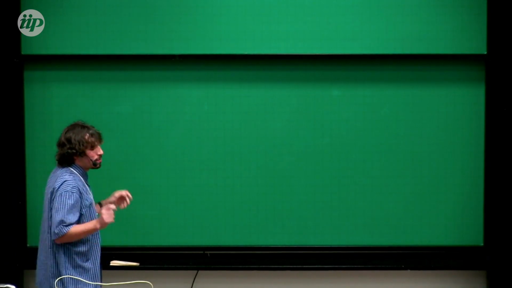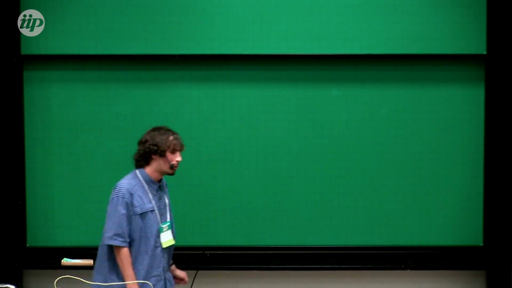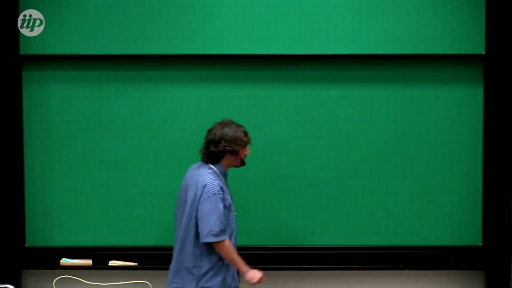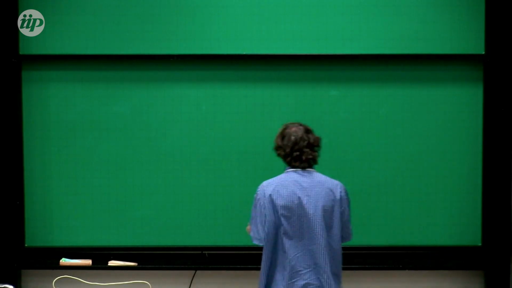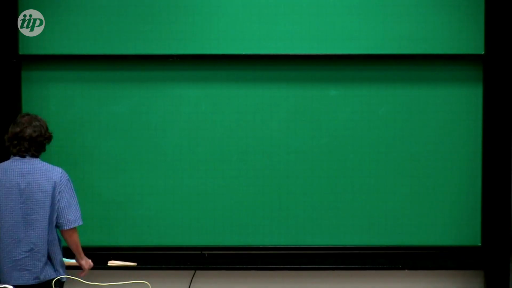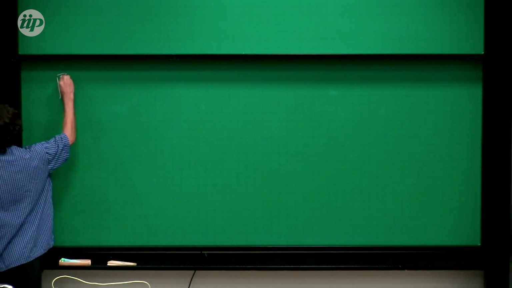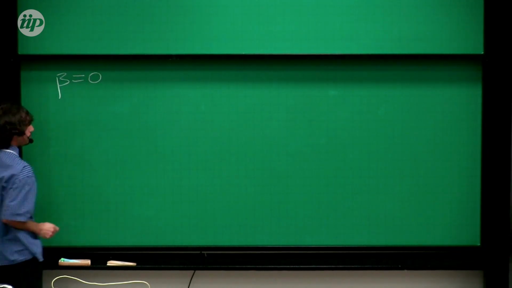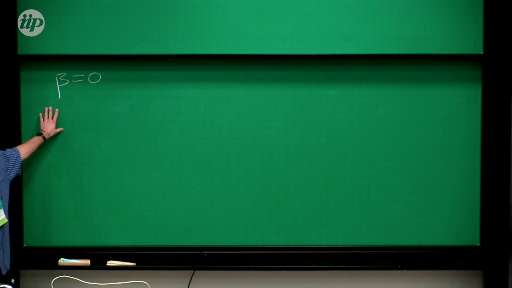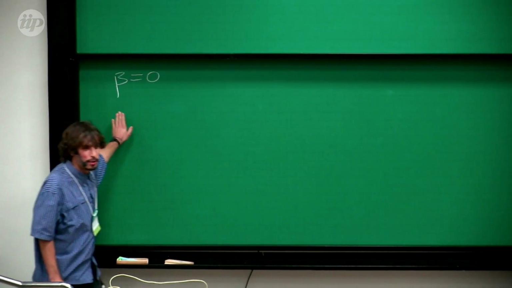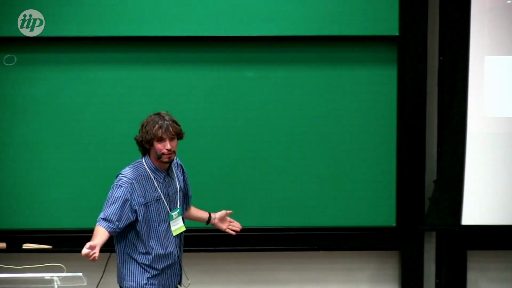So let's look at a very specific case, which thermodynamically speaking is a bit funny, but this specific case will allow us to construct the theory that we are aiming for. Let's look at the extreme case in which beta is equal to 0. So beta is equal to 0, infinite temperature. At infinite temperature, thermodynamics doesn't play a role, only information.